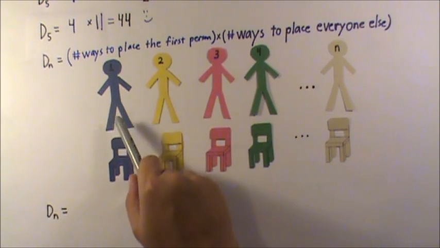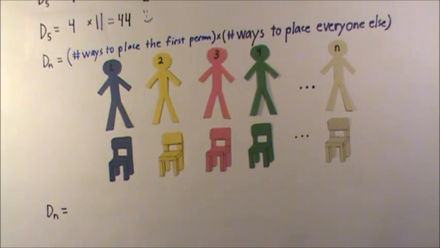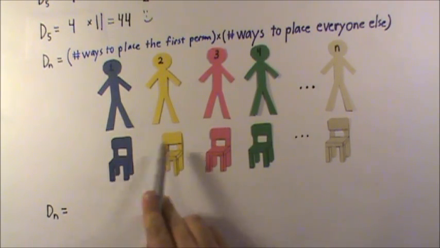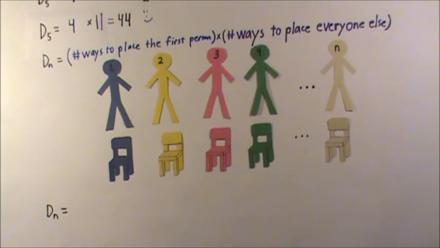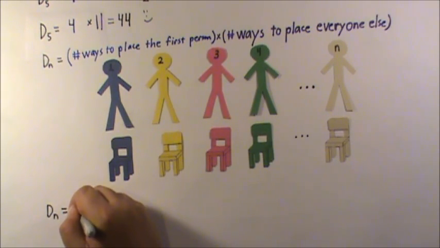With our n people and n places to go, the number of ways to place the first person is, out of the n of them, everything but the first. It's n minus 1 of them.